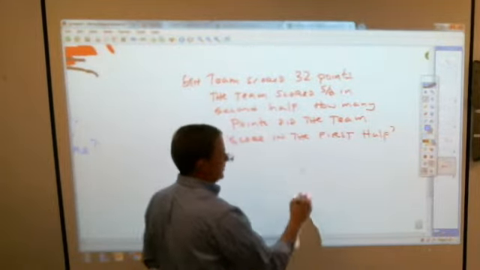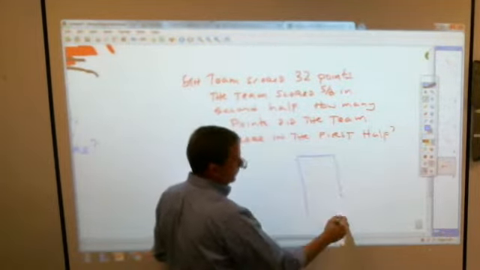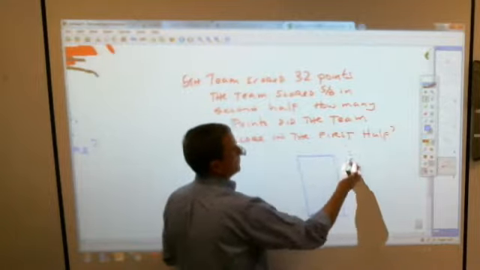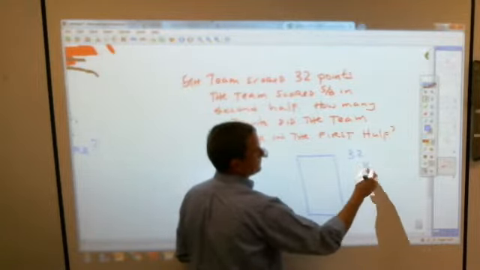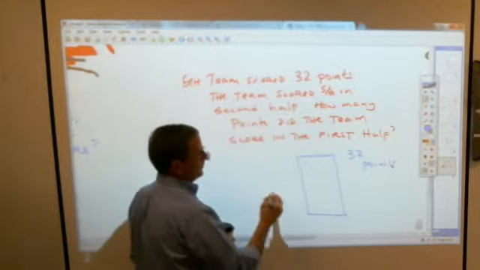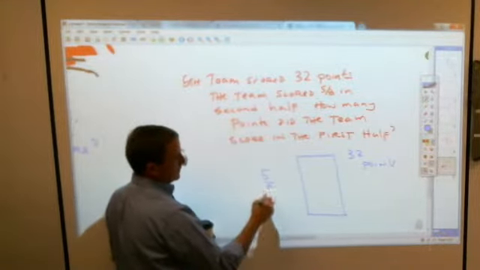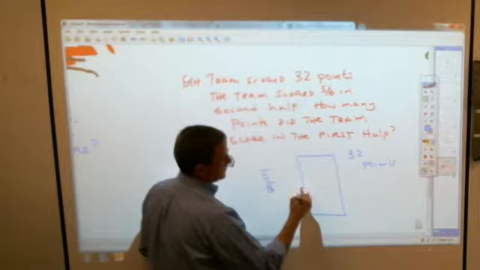When we do this, you still do it the same way. So here is my little rectangle, which stands for how many points? 32 points. I can still write down my fraction 5/8. Because if I cut this into 8 pieces, let's do this.